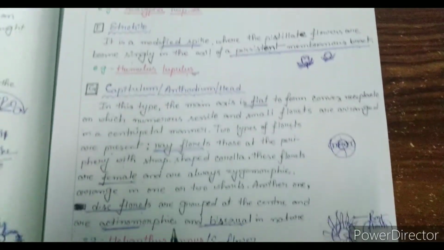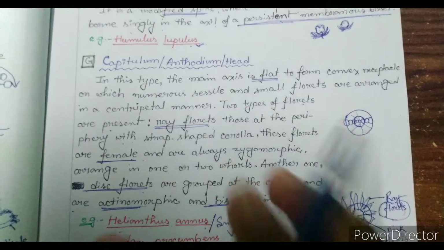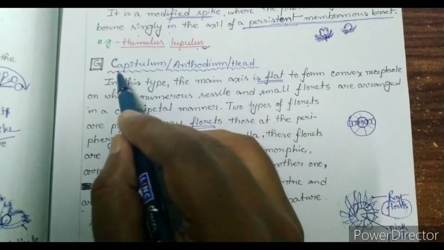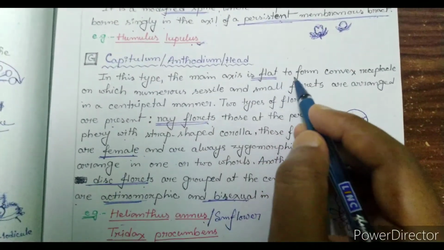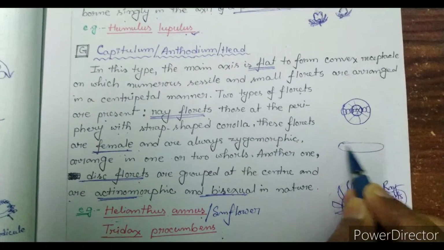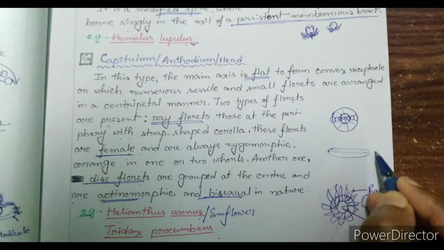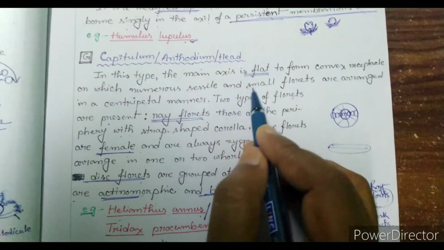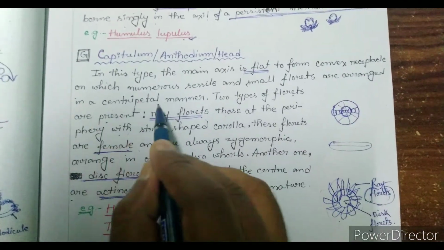Next type is capitulum or anthodium or head, a single type of inflorescence that has three different names: capitulum, anthodium, and head. In this type the main axis is flat, with a convex receptacle, on which numerous sessile flowers and small florets are arranged in a centripetal manner.